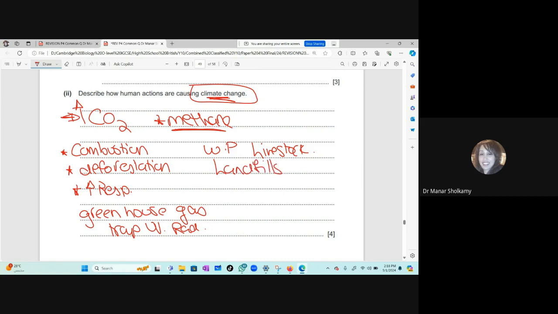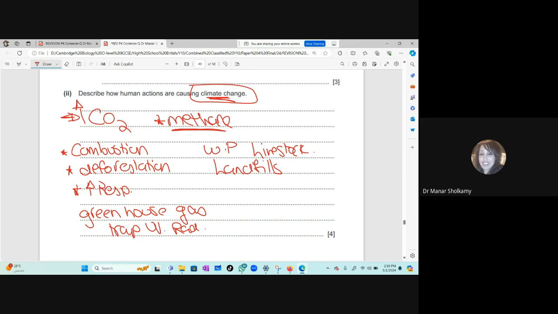There is organic waste in the landfills, a pile of garbage from all the houses. There is incomplete breakdown of these organic wastes, and this also releases methane. Methane is also a greenhouse gas that will trap heat and ultraviolet radiation and will cause climate change and global warming.